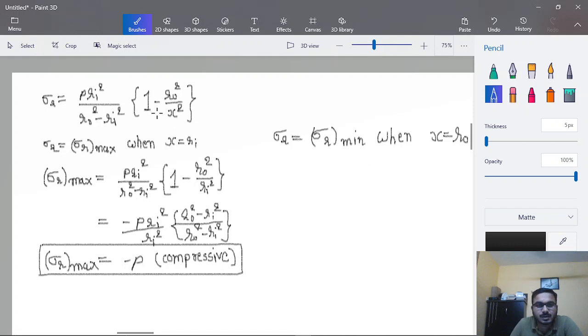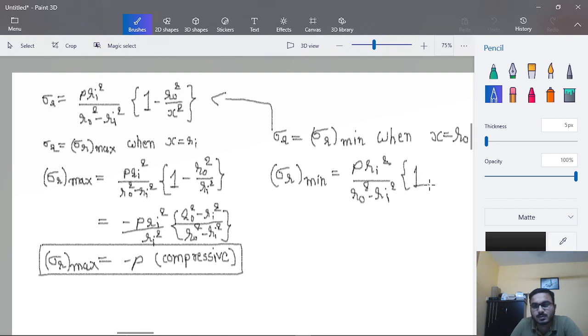Applying these conditions over here, sigma r minimum is equal to P Ri square upon Ro square minus Ri square into 1 minus 1.